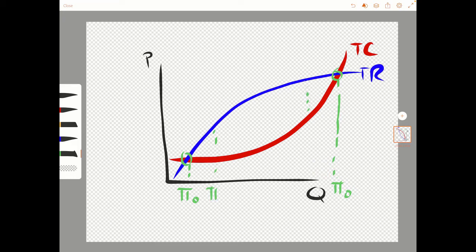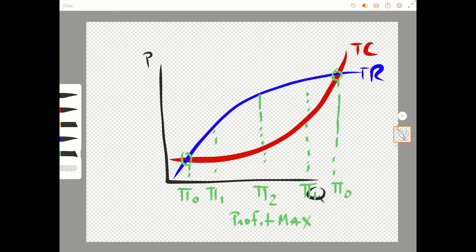So for example, we might just call this pi 1, but there's another pi 1 over here because it yields the same profit, those two amounts. But there was somewhere where there was only one profit, a unique profit, the profit maximizing output. And I'm just going to call that pi 2 for now. But in between pi sub 0 and pi sub 2, there are all of these infinite number of pairings. So we have two different quantities that would yield the same amount of profit.